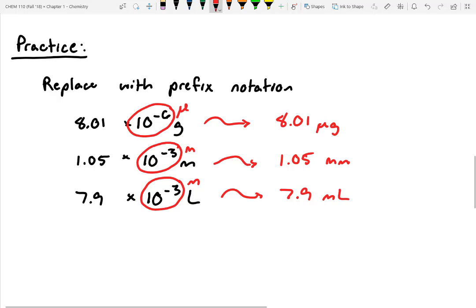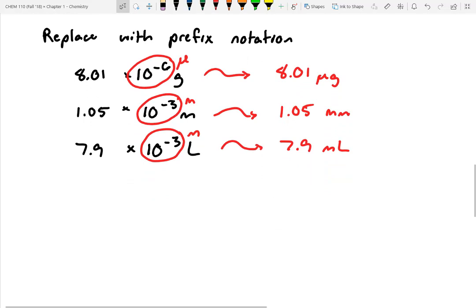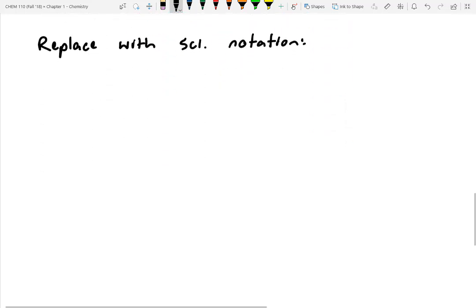All right, now let's try a harder one. We'll do the opposite direction. Okay, so I'll give you a few examples for this one.